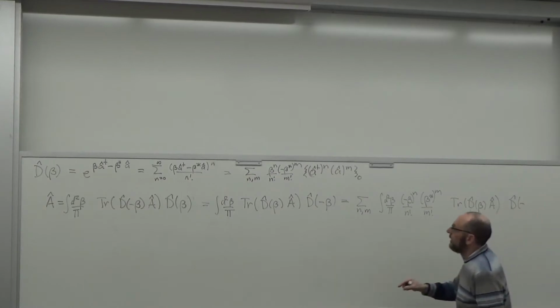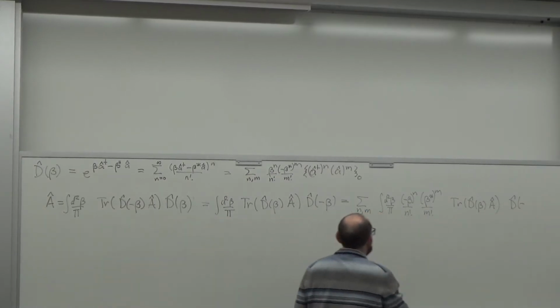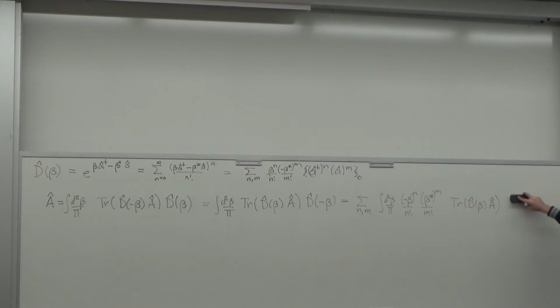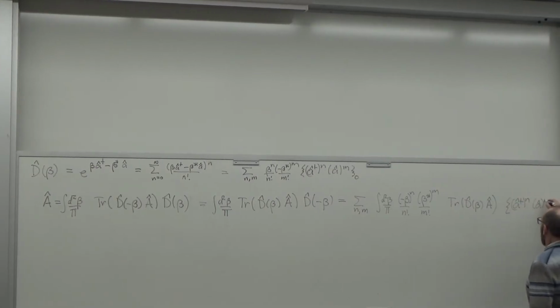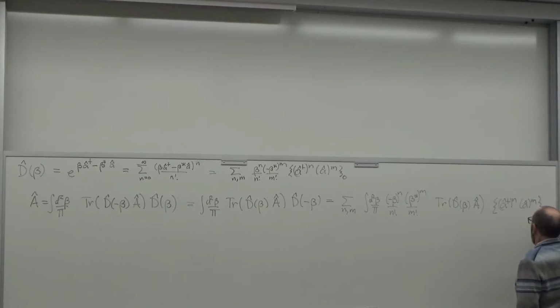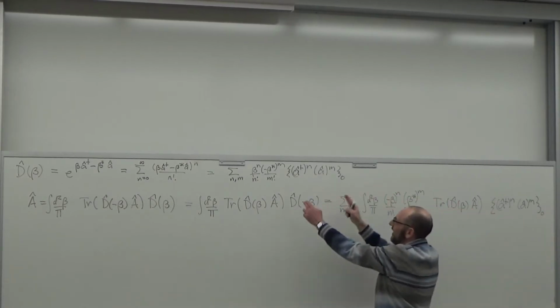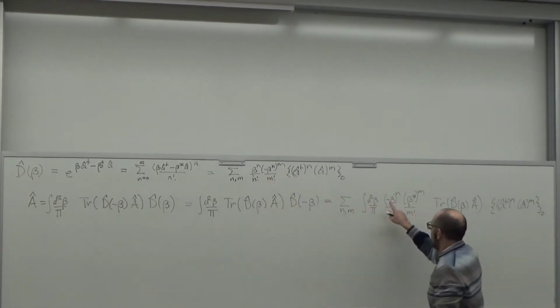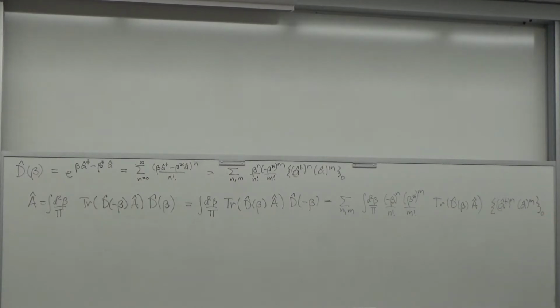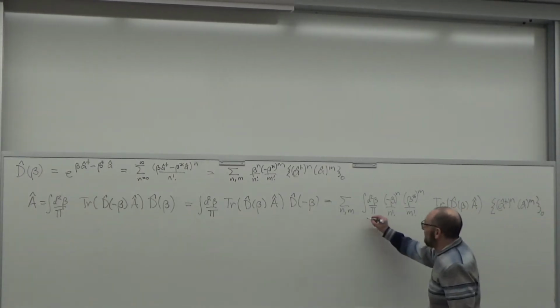I already did the D dagger stuff. And then I have A dagger to the n, A to the n, symmetrically ordered. So all I did here was plug this into there, where I set beta equal to minus beta. Okay. So here we are. We did it. These are the coefficients.